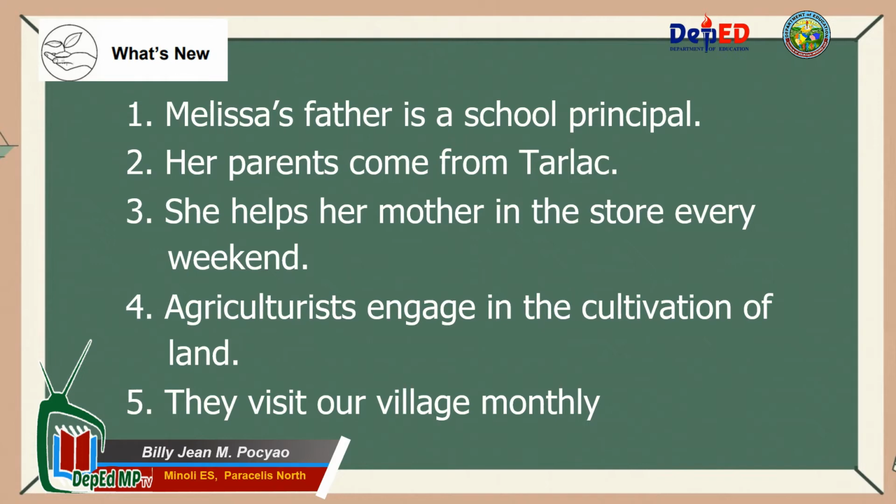Which sentence expresses an action that is done repeatedly or habitually? We have sentence number 3 and sentence number 4. Which sentence expresses facts or general truth? We have sentence number 1 and sentence number 2.